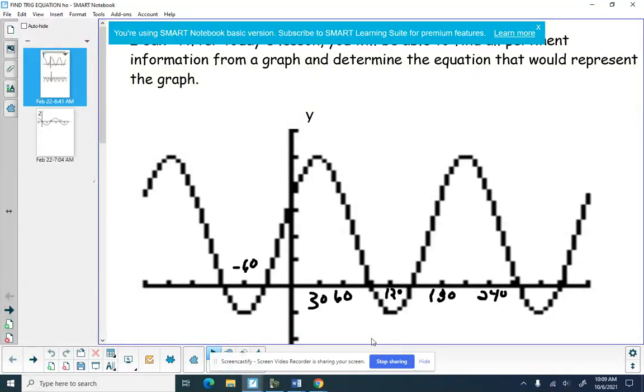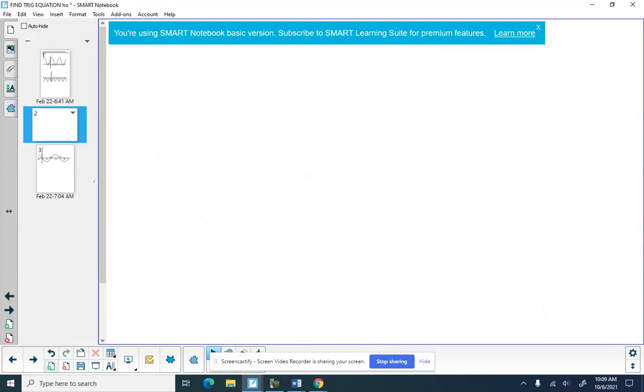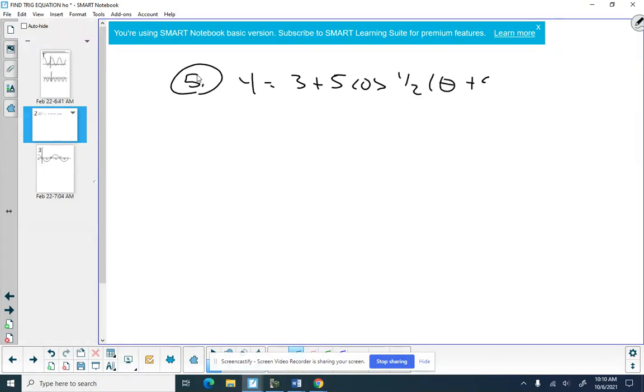If we take a look at problem number 5, we have y equals 3 plus 5 cosine of 1/2 theta plus 90. If you have not done this, you should be doing this right now.